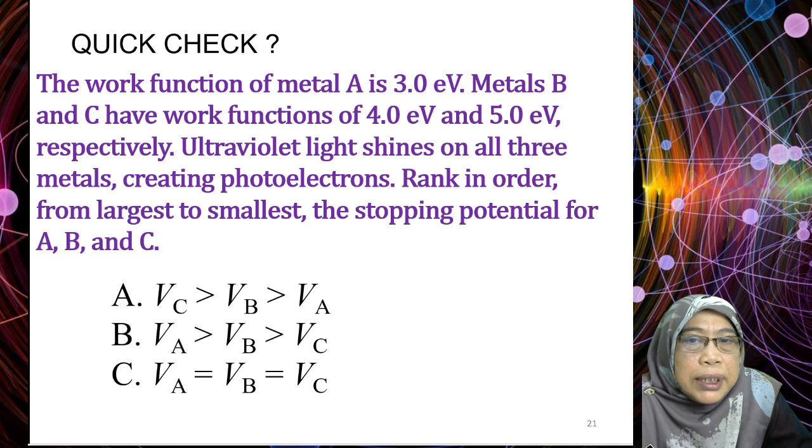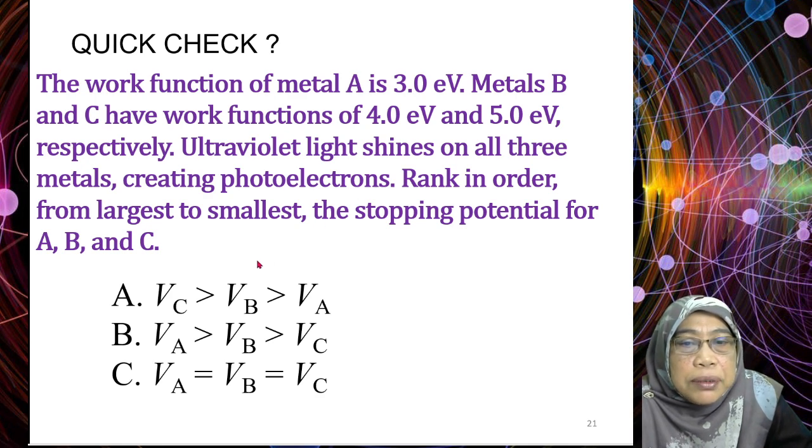Metal C has 5 electron volt work function, so it has the highest work function. Same energy from the photons, so less energy can be given to the maximum kinetic energy.